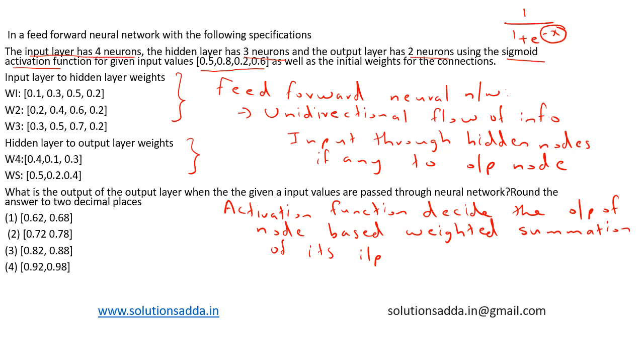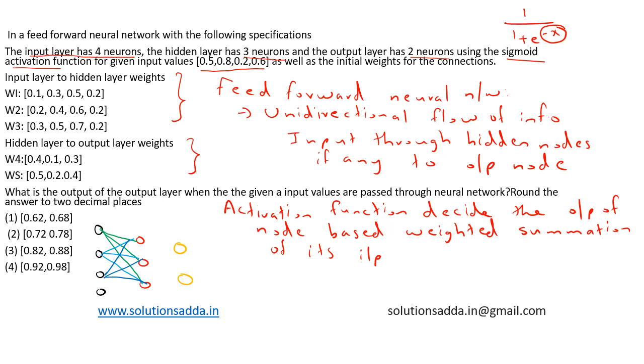And based on the information given, the neural network will look like this. We are having 4 nodes as the input, then 3 nodes as the hidden layer, then 2 nodes as the output. And the connections across them will be like this. From this node it will be to all the hidden nodes, then from this node to all the hidden nodes, and similarly from the other nodes to all the nodes.